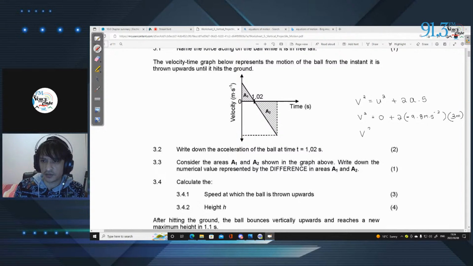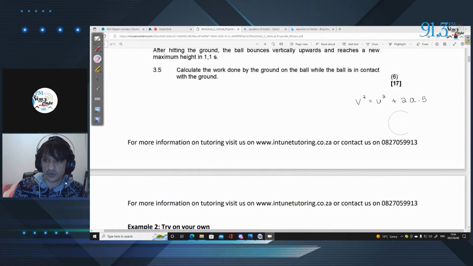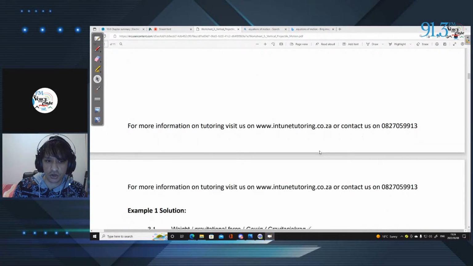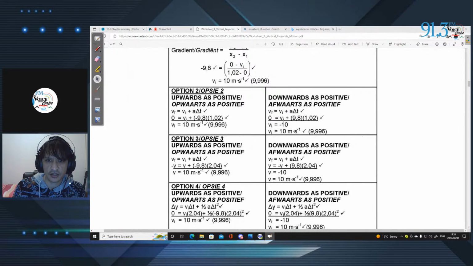We get v squared. Okay, we can't actually use the negative value here. It's going to cause us some issues because we can't square root a negative value. I'm sure this is the equation they use. Let's just double check the memo. The initial velocity isn't given to us, but it's safe to assume it's 0 because that's what you're starting at. And we'll see here, that's the gradient.